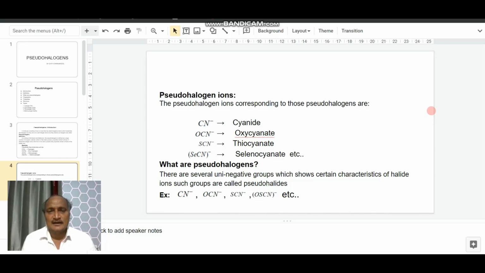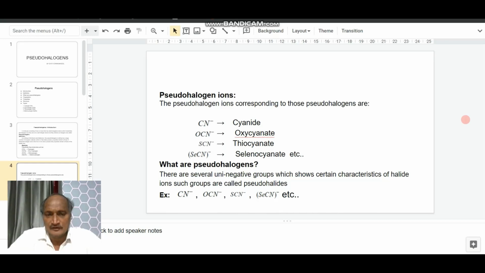SCN minus, and SeCN minus, etc. There are several uninegative groups which show certain characteristics of halide ions.